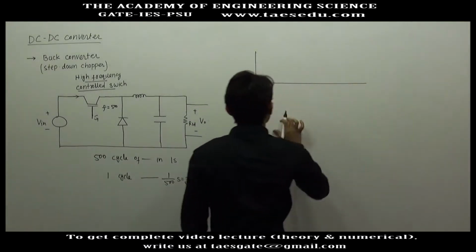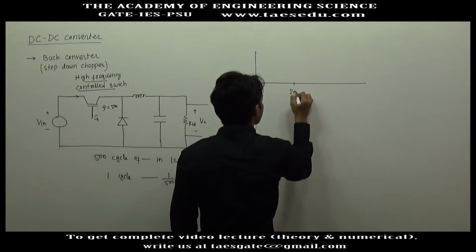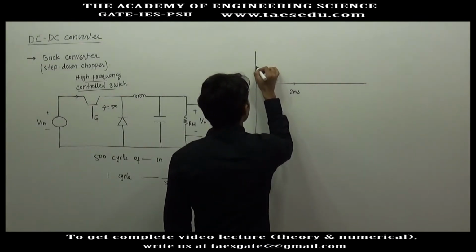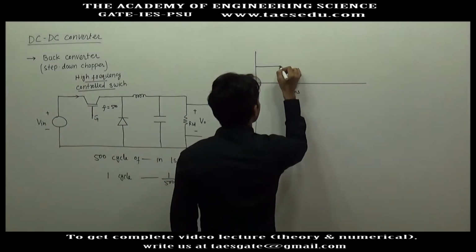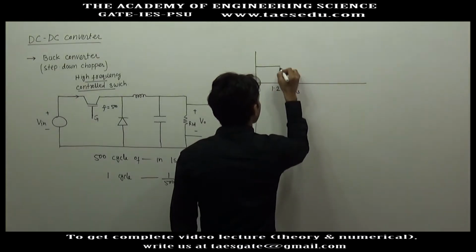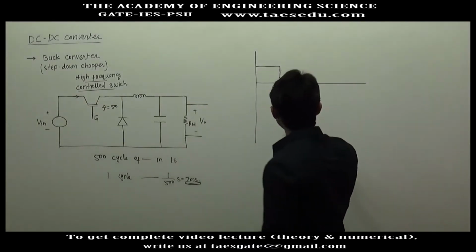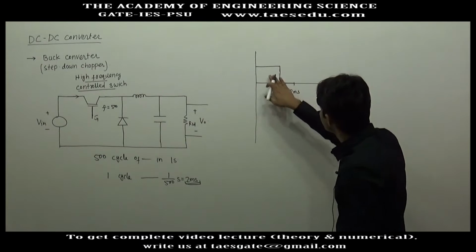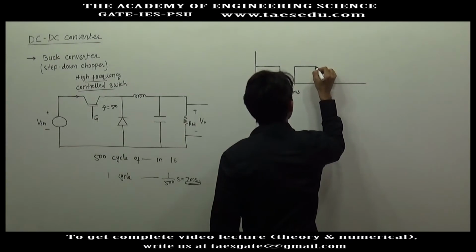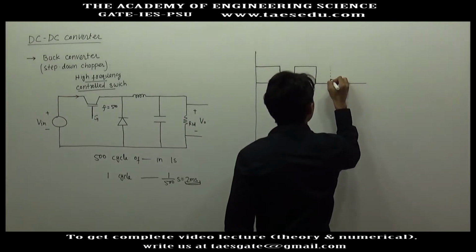If we draw the switching cycle, let's say this is 2 millisecond, and in 2 milliseconds suppose it is turned on for 1.2 millisecond and then it is turned off. One cycle is completed and in the next cycle the same thing will be repeated. Again it will be turned on for 1.2 millisecond and turned off for the remaining time of the cycle.